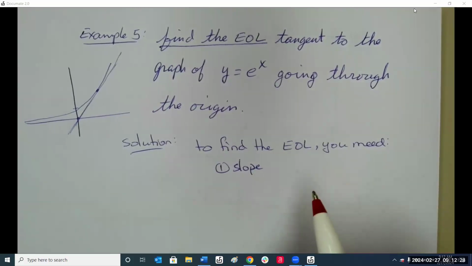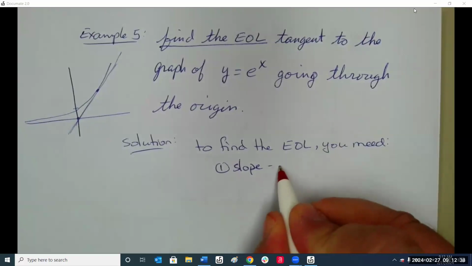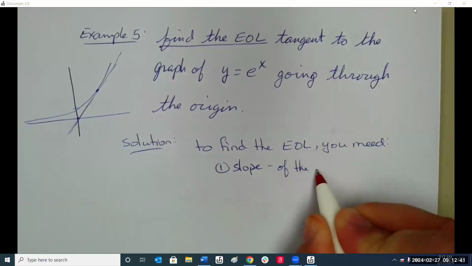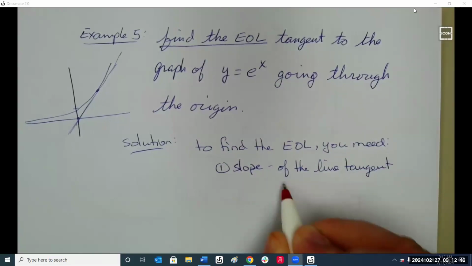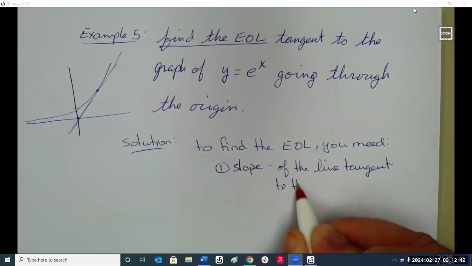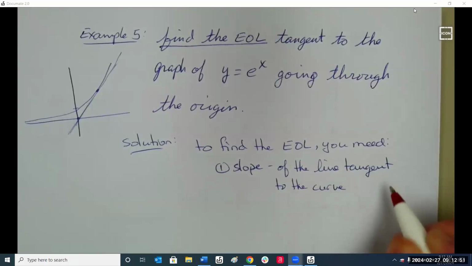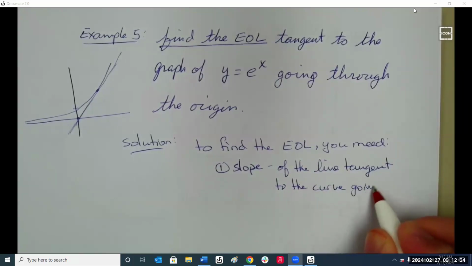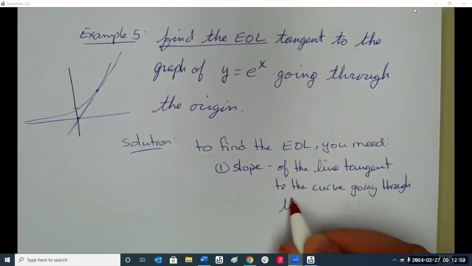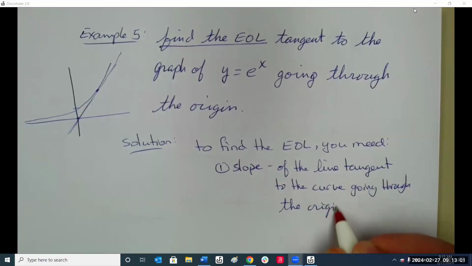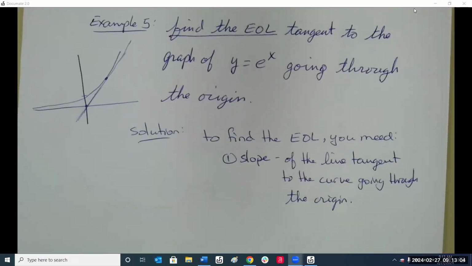The slope of what? Where? You need the slope of the line tangent to the curve going through the origin.